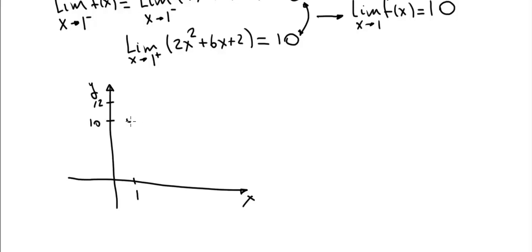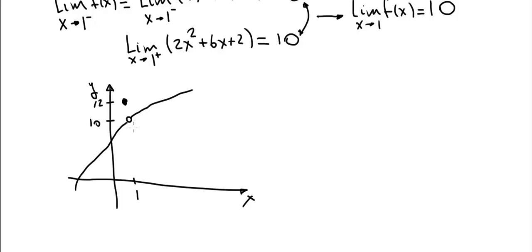It's not actually equal to 10 there, so we're going to put a hole like this, and the function is approaching 10, so it kind of looks like that. Right after 1, when we approach 1 from the right, the function picks up and leaves right at 10 also, so it kind of leaves like this. The value of the function is at 12 right here where I have this point.